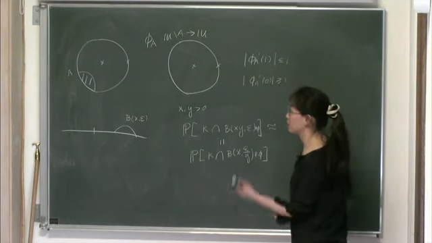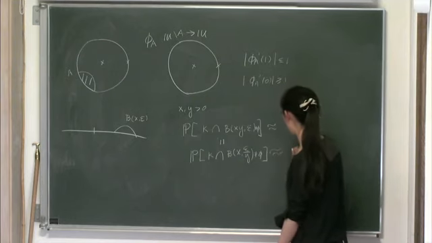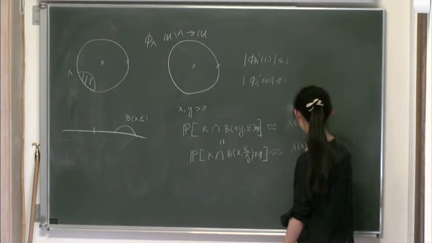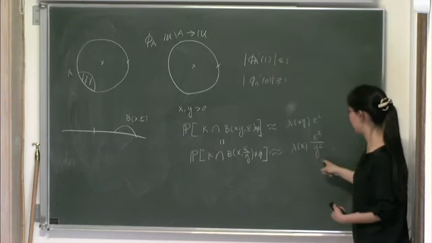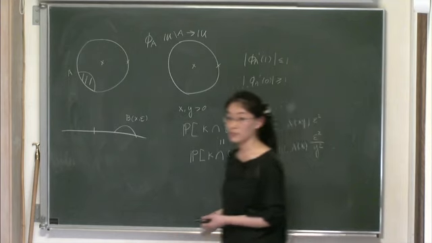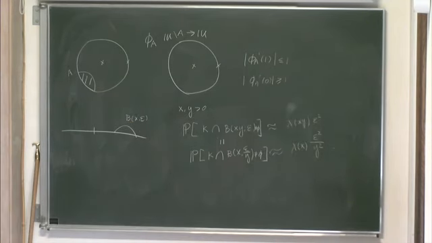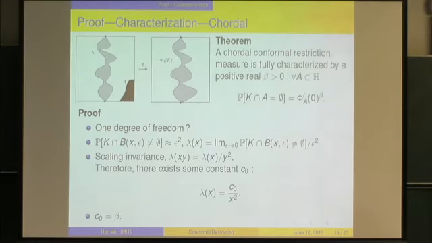And again, by the definition of this limit, we know that it will decay like lambda of x times epsilon squared over y squared. So this gives us a relation between lambda of xy and lambda of x over y squared. By scale invariance, we know that lambda of xy should equal lambda of x over y squared. From the relation here, we already know there is only one solution for this lambda.